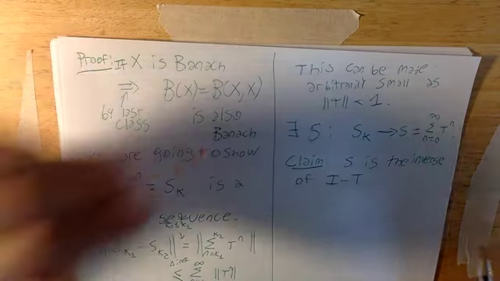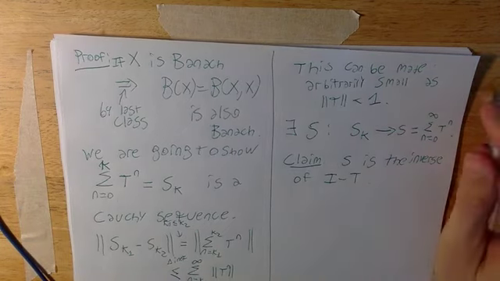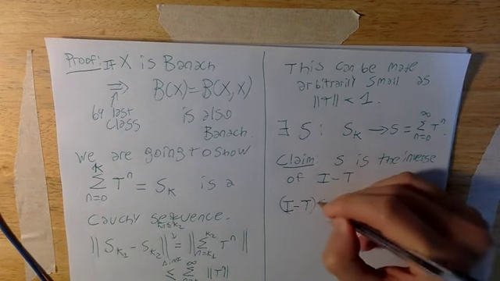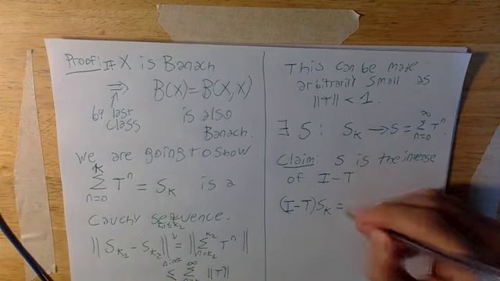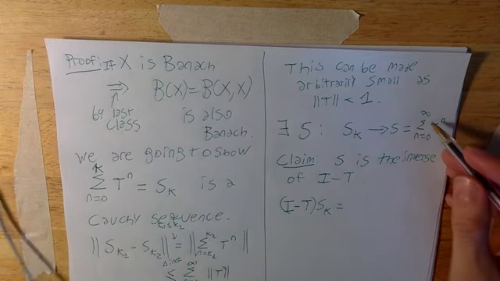And so the way that we're going to do it is by passing through the limit using the s_k. So we're going to compute I minus t applied times s_k. But this s_k is just the sum of t to the n up to k.